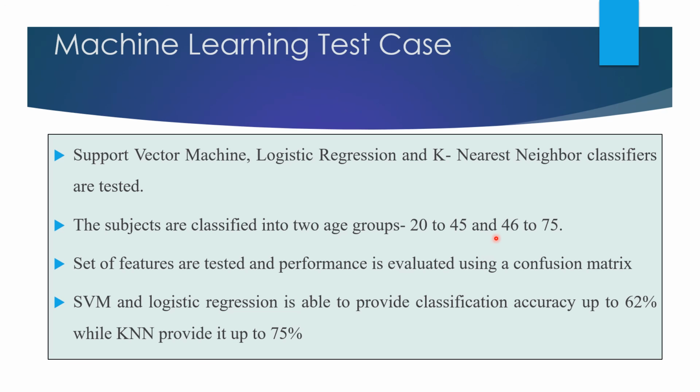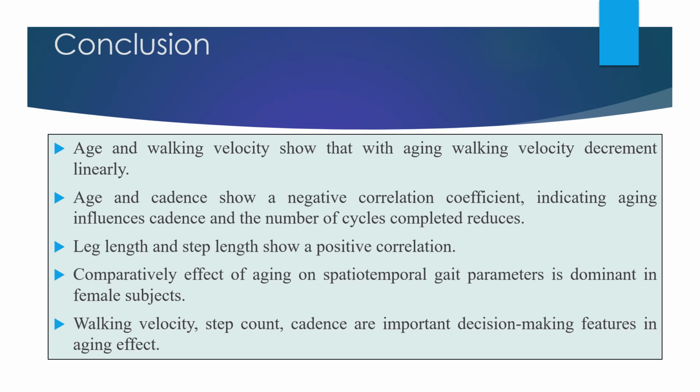SVM and logistic regression are able to provide classification accuracy up to 62%, while KNN is able to provide accuracy up to 75%. Depending on the number of database entries within an age group, this classification accuracy may vary.